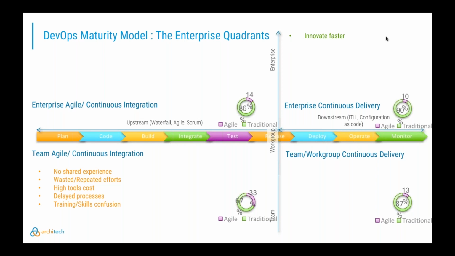If you are on the top right, once you get into enterprise continuous integration and delivery, your teams are allowed to innovate faster, which means you are capable of responding to the market. That's the goal that we're all here for: gaining competitive advantage, of course. You can increase productivity, and one of the most important things that is always missed is high employee satisfaction and talent retention.